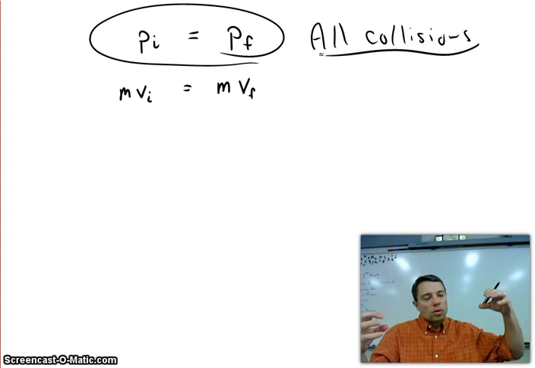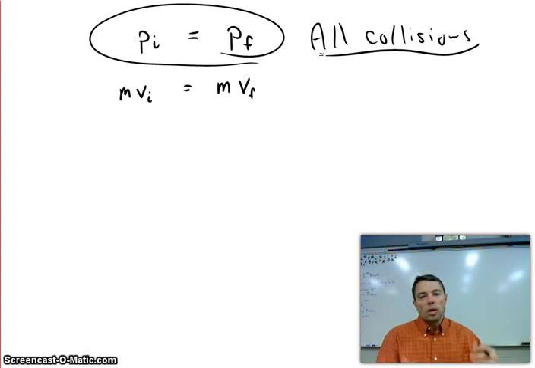Which means that momentum is conserved as well as energy. The stored energy becomes energy that we get back. So in most situations, we look at the collision and ask, is it an elastic collision? Yes. Then momentum is conserved as well as energy.